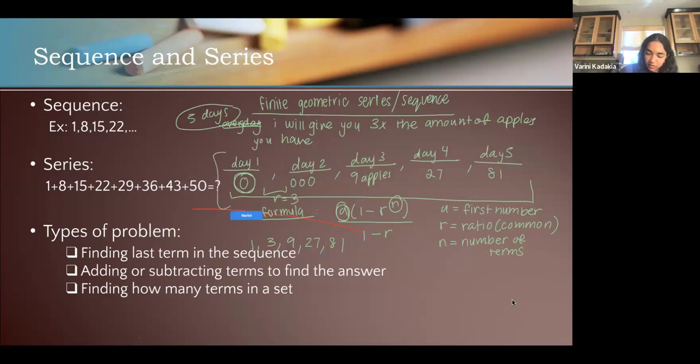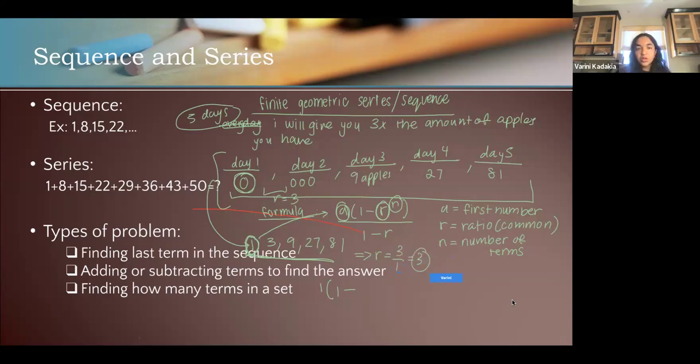So if we're using the formula to find the sum of this series, we take the first term, which is 1, and put it in for A. So we'd get 1 times 1 minus our common ratio. Our common ratio is the ratio between the terms, so in this case, our R would be 3 over 1, or 3.